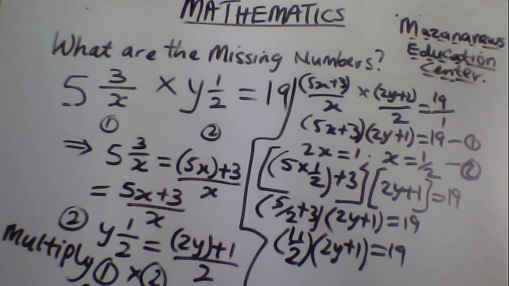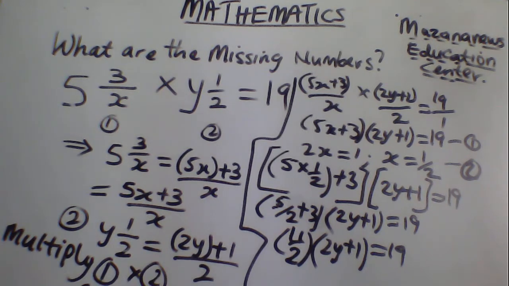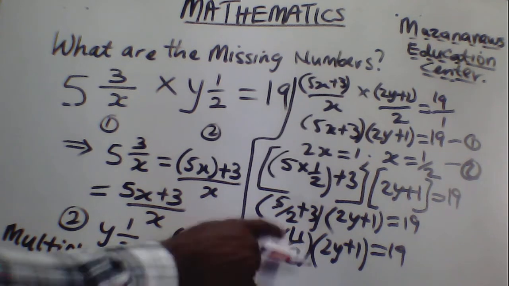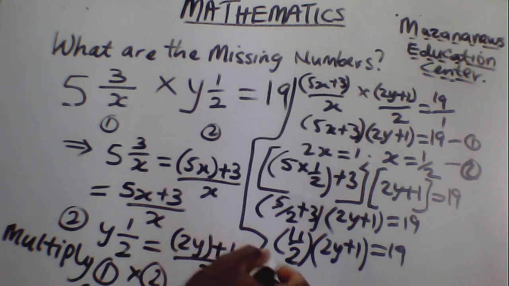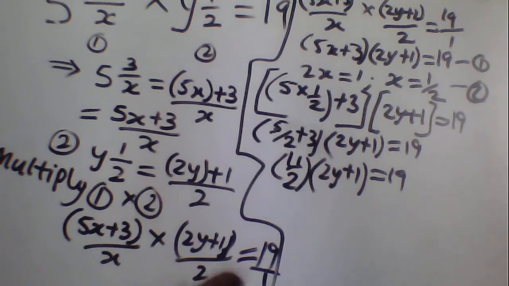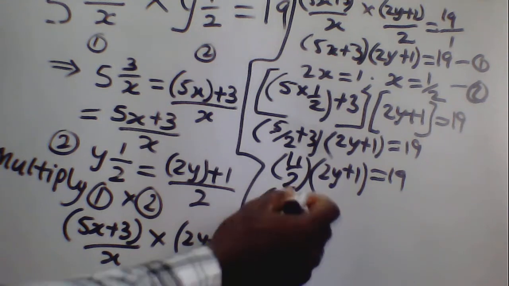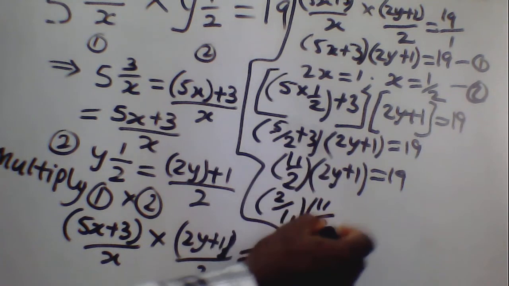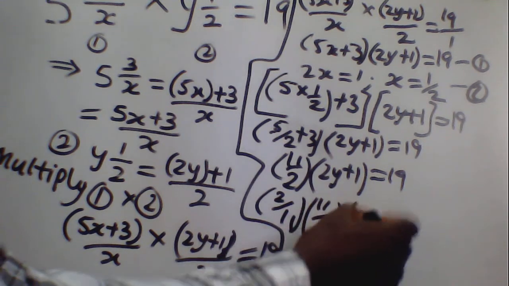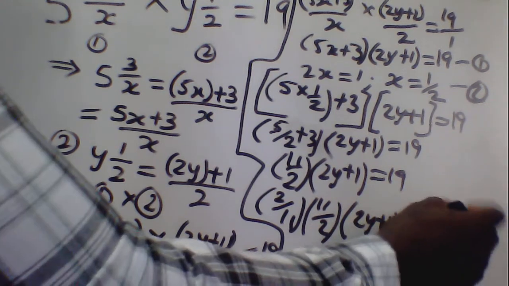So here, if you multiply both sides by 2 over 11, we will clear this fraction. To clear the fraction, we have 2 over 11 times 11 over 2 in bracket 2y plus 1 is equal to 19 times 2 over 11.